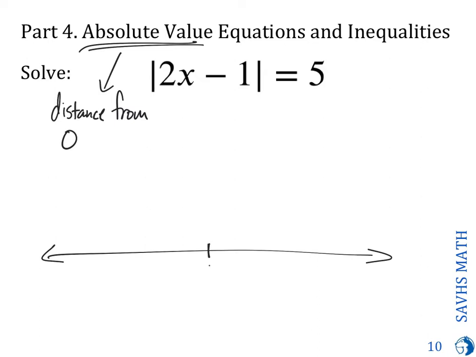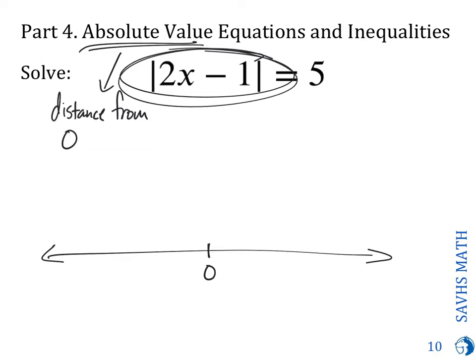Here's where 0 is. If the absolute value of this stuff is 5, then that means that this stuff is 5 units away from 0. And so, therefore, we could have it be 1, 2, 3, 4, 5 units away from 0.